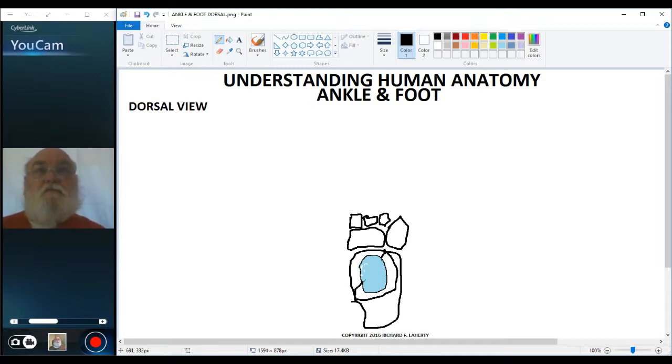The bones of the foot proper are the metatarsal bones, and I'll sketch in the metatarsals, starting with the first one.